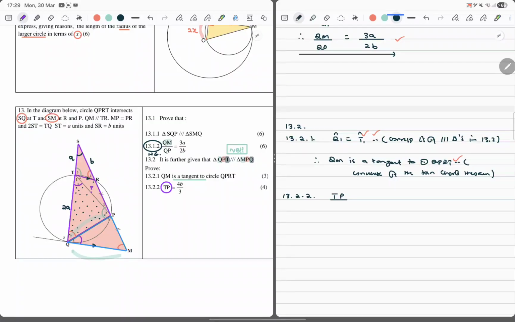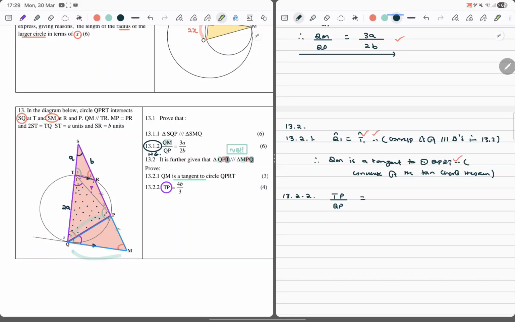Now TP is opposite this angle, but that angle is equal to that, so the side opposite that is going to be essentially that, right? Yes, TP is opposite that. That angle is equal to this, and the side opposite that is QP.